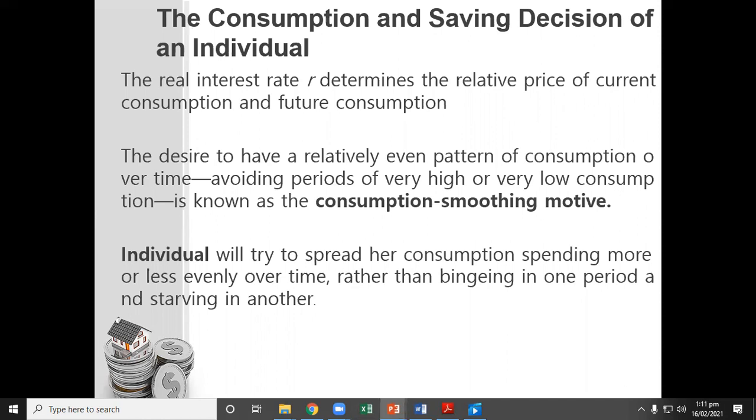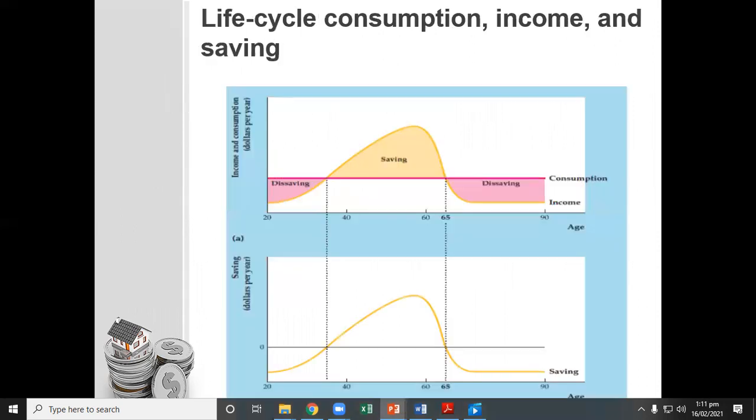The desire to have a relatively even pattern of consumption over time and avoid periods of very high or low consumption is known as the consumption smoothing motive. An individual will try to spread his or her income spending more or less evenly over time, rather than feasting in one period and starving in another.